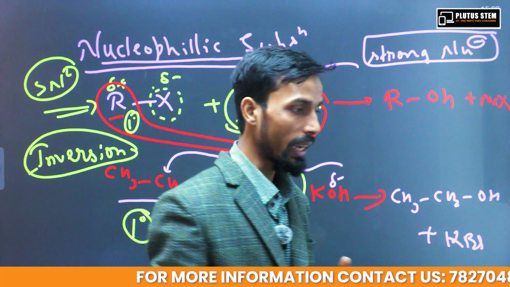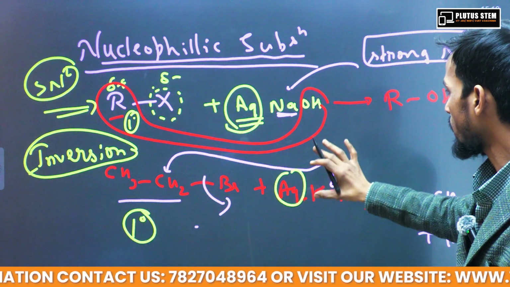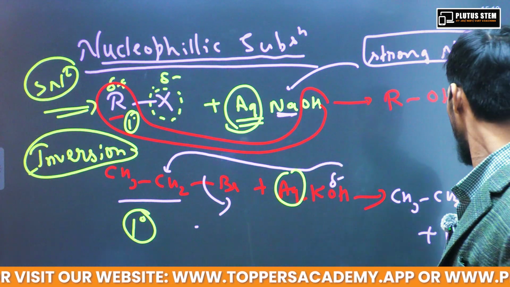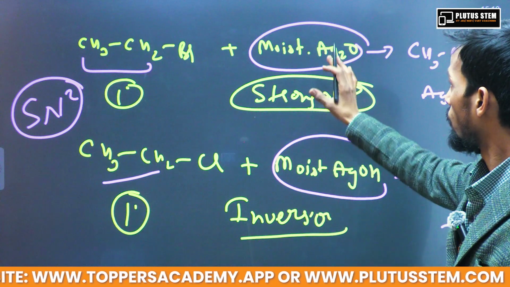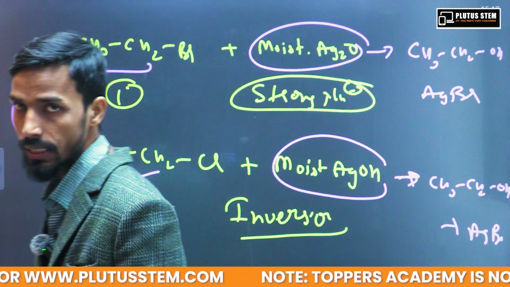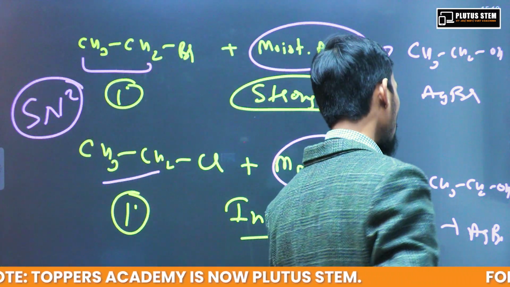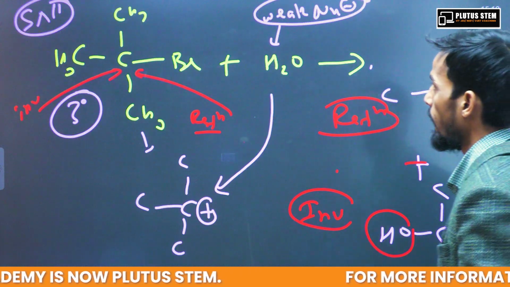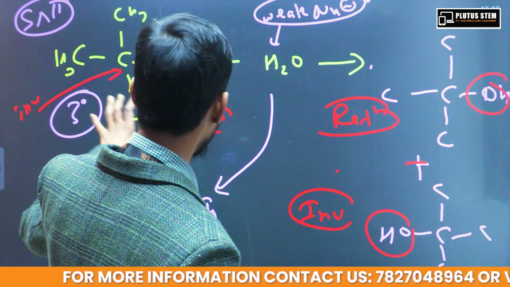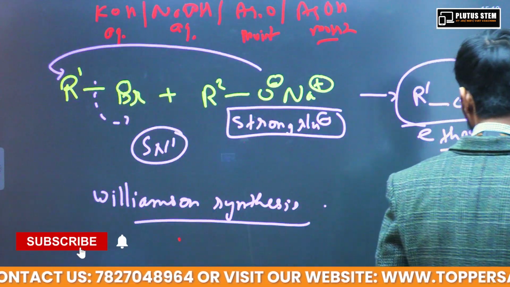We can visualize over here that we have reacted with aqueous NaOH, aqueous KOH, or moist Ag2O. With all those reagents the reaction proceeds through the SN2 mechanism, and we get an alcohol. After this, if we react with a weak nucleophile such as water, the reaction will proceed through SN1, and 3 degree substrate is preferred over here.